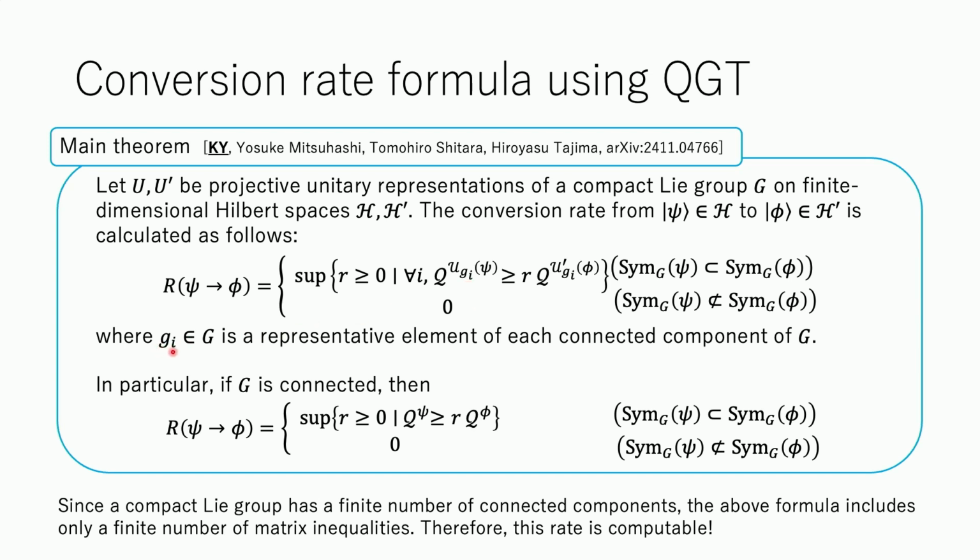Here, g_i is a representative element of each connected component of G. In particular, if G is connected, there is only one connected component, implying that the formula can be written by using a single matrix inequality. And importantly, since a compact Lie group has a finite number of connected components, this formula includes only a finite number of matrix inequalities. So in this sense, this rate is indeed computable.